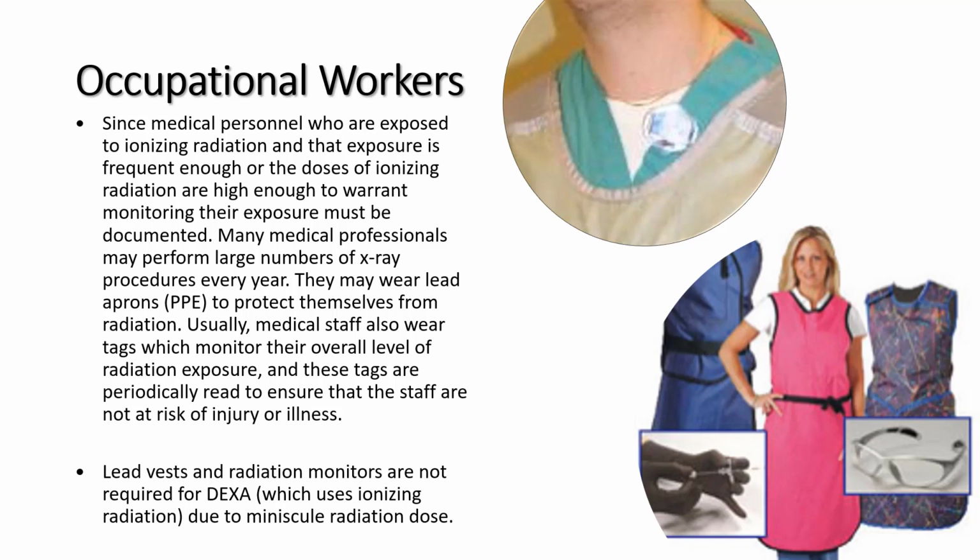Many medical professionals may perform large numbers of X-ray procedures every year. They may wear lead aprons and PPE to protect themselves from radiation. Usually, medical staff also wear tags or dosimeters which monitor their overall level of radiation exposure, and these tags are periodically read to ensure that the staff are not at risk of injury or illness.